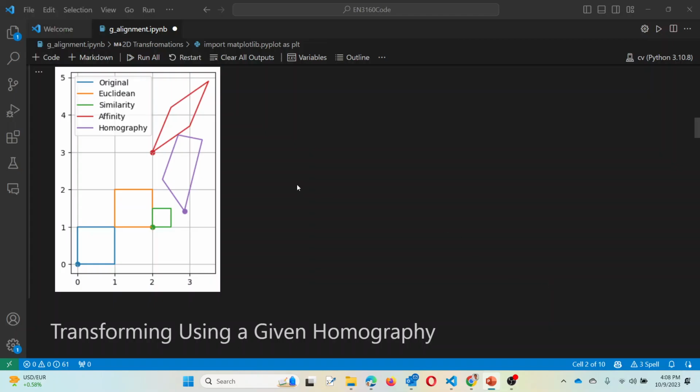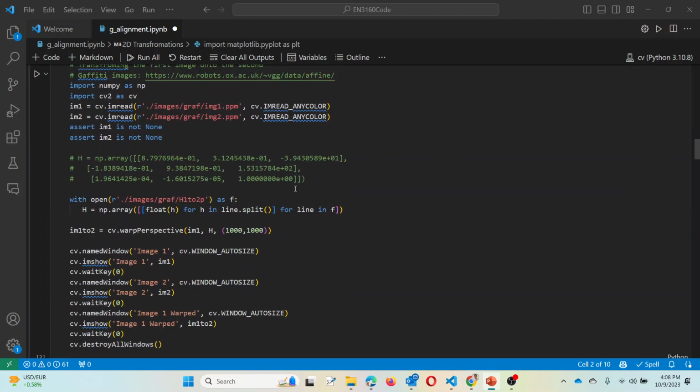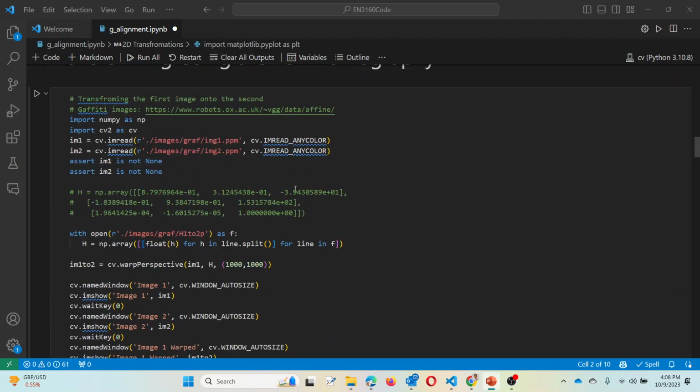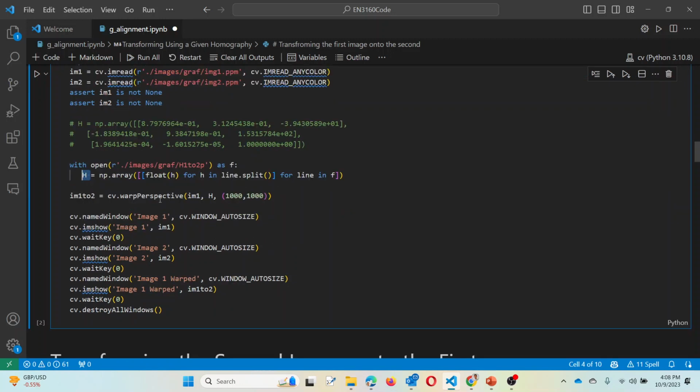Before that, I will show you how to transform an image onto the other given the homography. With these graffiti images which are available here, we have graffiti image 1 and graffiti image 2, and they have given the homographies also. So what I did was I read the homography into H. Then OpenCV has a function called warpPerspective.